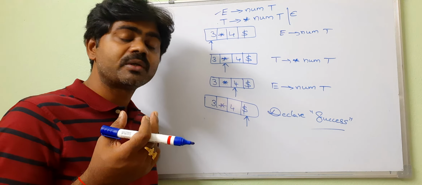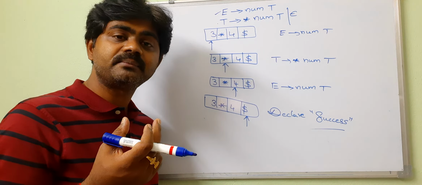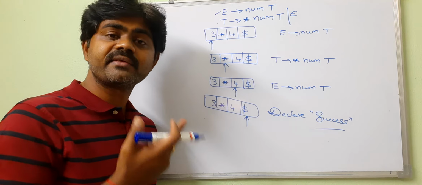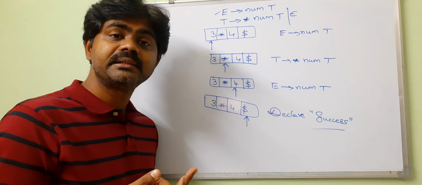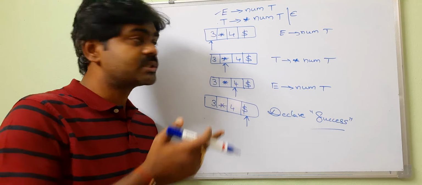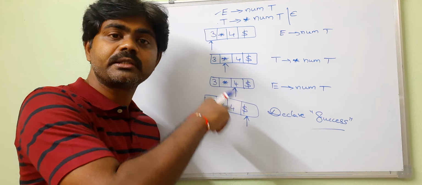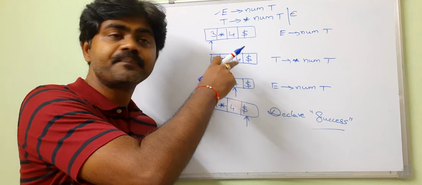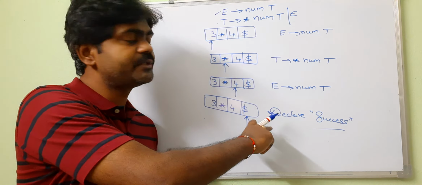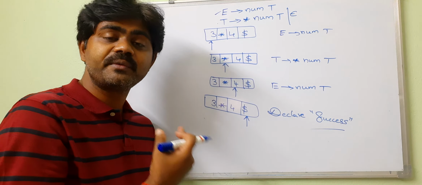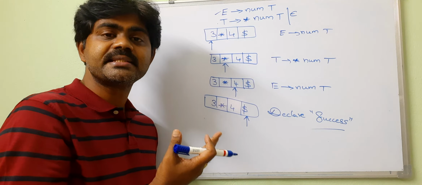And your procedure will always start with the starting symbol. So in our given example, our starting symbol is capital E. Okay. So in this way we follow all the 4 steps and we'll solve the problem, and finally we'll take an input and process this input, and finally we'll show that we declare success. So this is recursive descent parser.